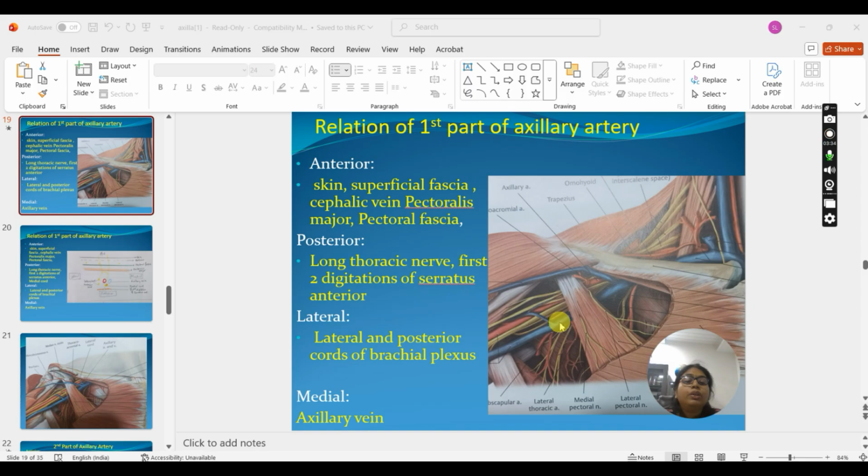What is looking like below is the medial. What is lying over it is the anterior. What makes the bed is the posterior. So your medial chord lies posteriorly, the other 2 chords are lying laterally. This is the axillary vein. Throughout its course it lies medial to the axillary artery.